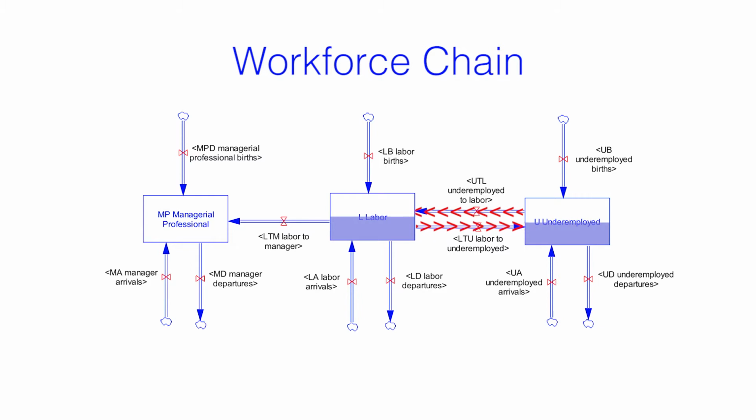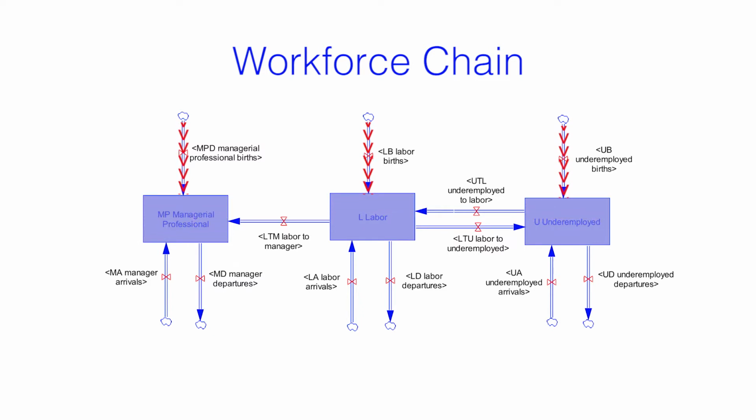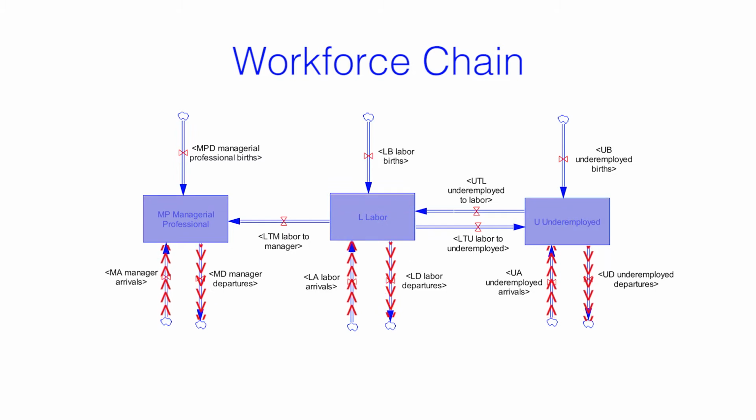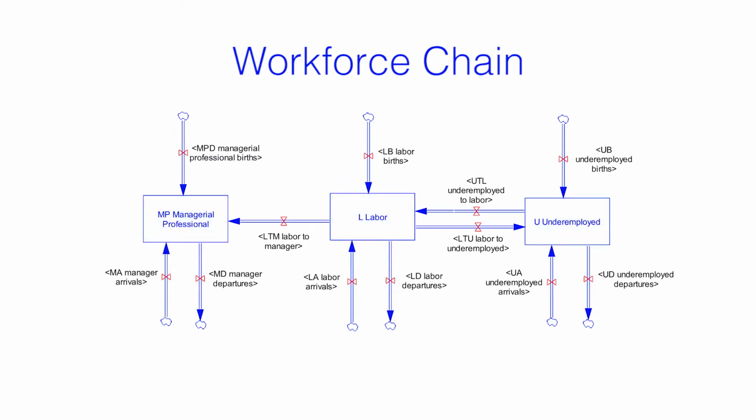So there is a lot of movement of people back and forth here. And also you have an inflow on each of these that is for births. If you're born into a family that is at a particular stage, typically that's the stage where you're going to begin your life also. So we have accounting for birth rate here. People can leave Rapid City and people can arrive in Rapid City from all of these stages. And so this represents the chain of people in Rapid City.